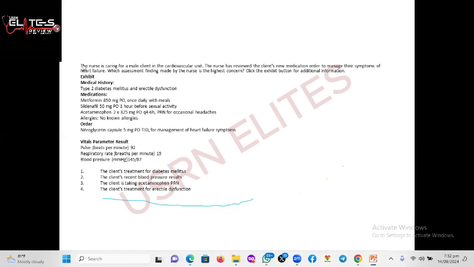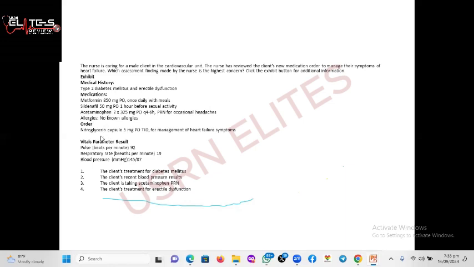So we have a nurse caring for a male client in a cardio unit. The nurse has reviewed the client's medication order to manage their symptoms of heart failure. Which finding made by the nurse is their highest concern? In the exhibit, there's a medical history of type 2 DM and erectile dysfunction. The client takes metformin, sildenafil, and acetaminophen, with no known allergies.